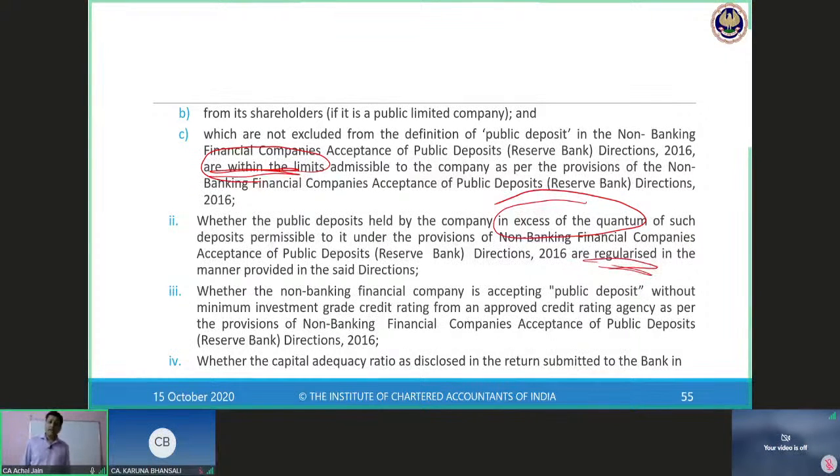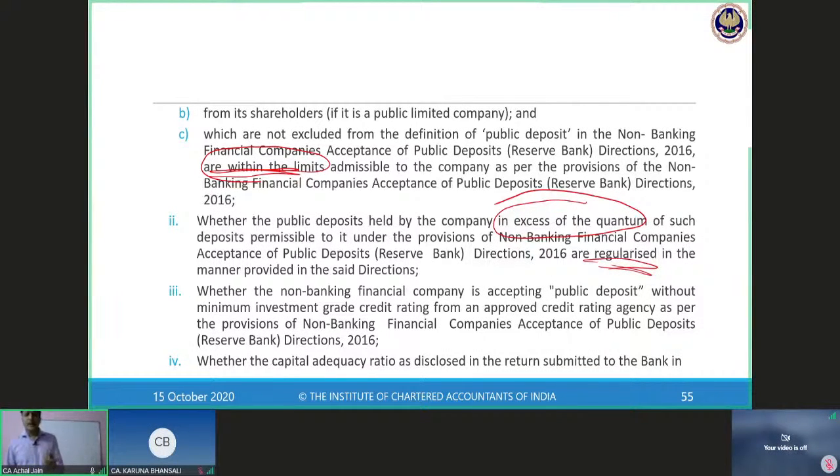Third, where the NBFC is accepting public deposit without minimum investment grade credit rating from an approved credit rating agency as per the provisions of these directions, whether the NBFC is accepting those public deposits or not.